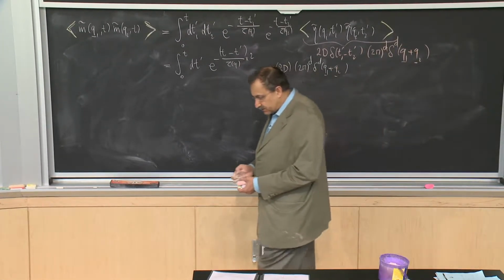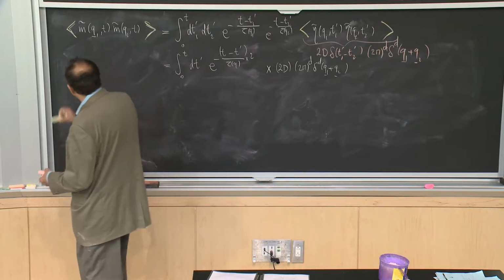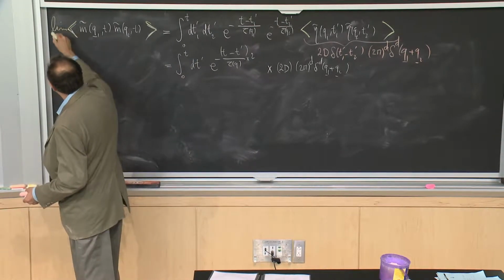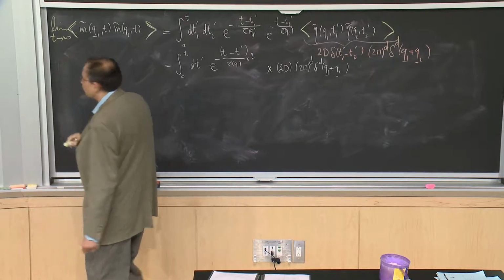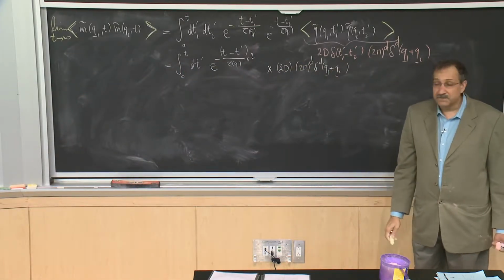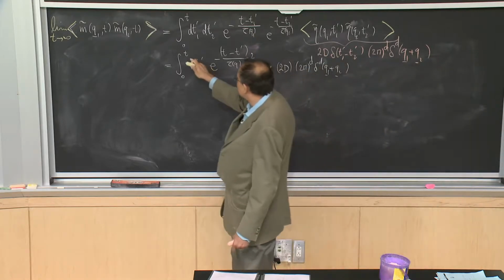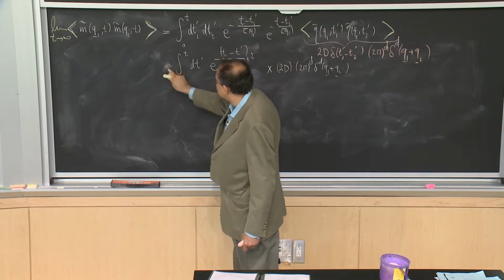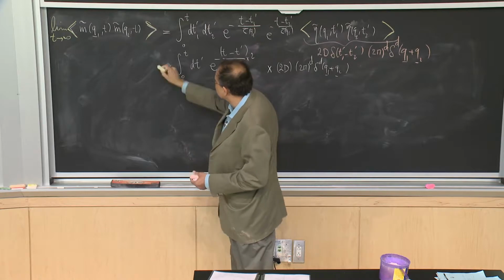Now we are really interested, and I already kind of hinted at that, in the limit where time becomes very large. In that limit, essentially I need to calculate the limit of this integral as time becomes very large.